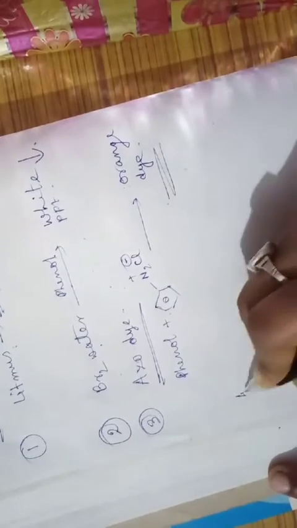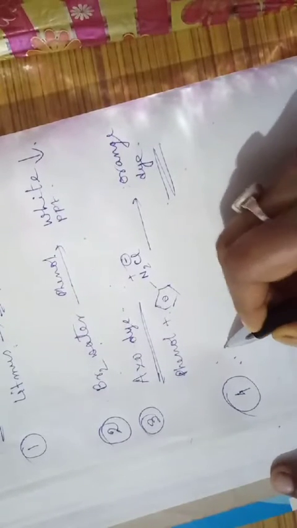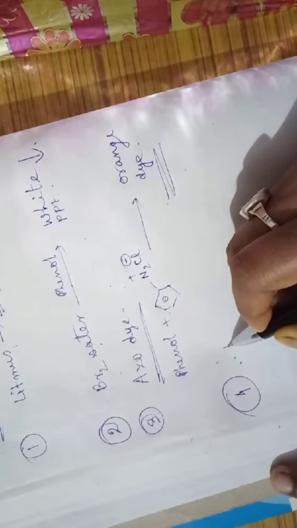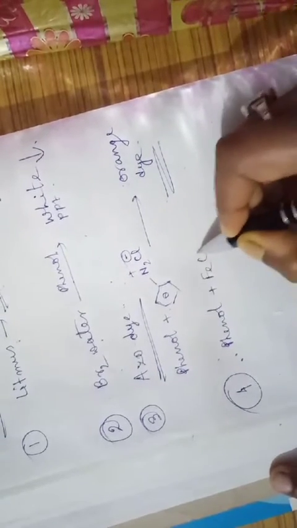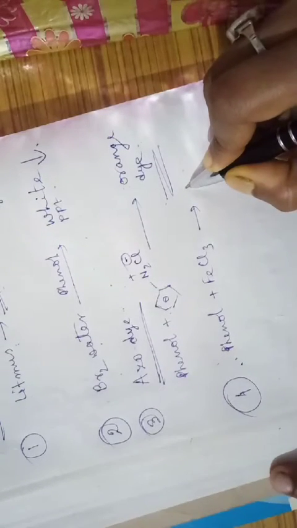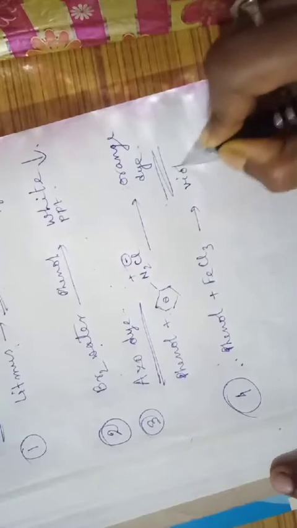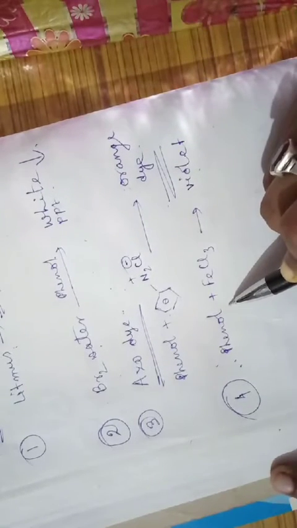And the fourth one, very important, generally this one we give in the board examination. That is the ferric chloride test. Phenol, once reacting with neutral ferric chloride, you will get a violet color complex, with the normal phenol we have in our lab.